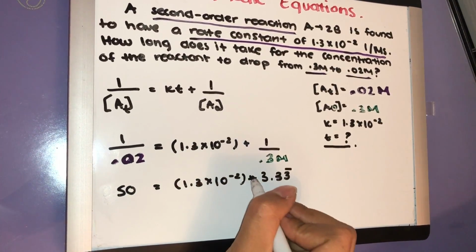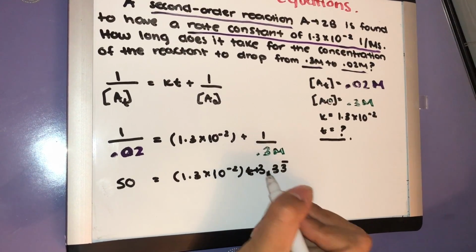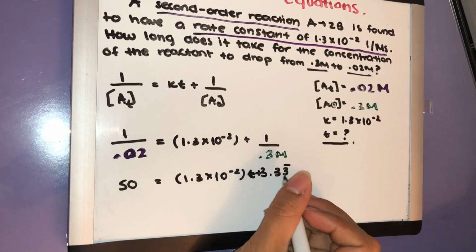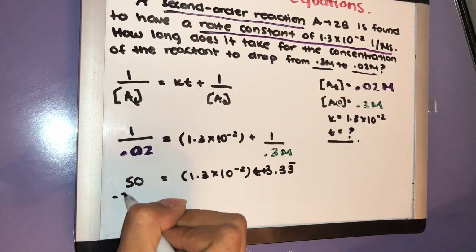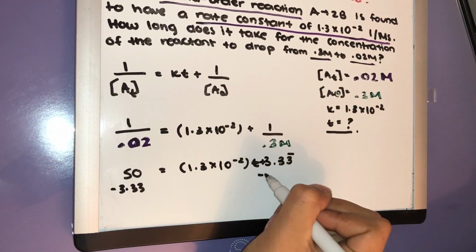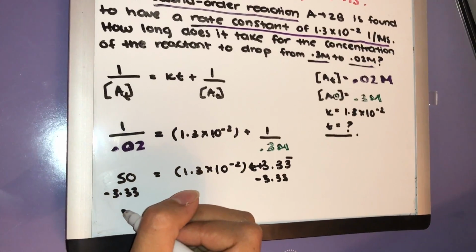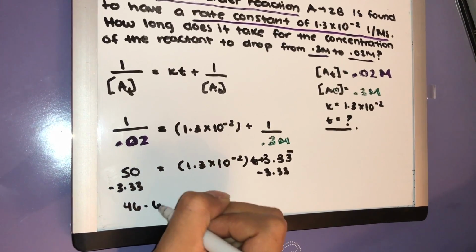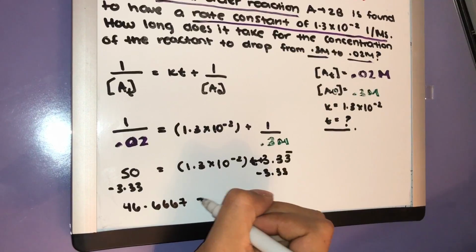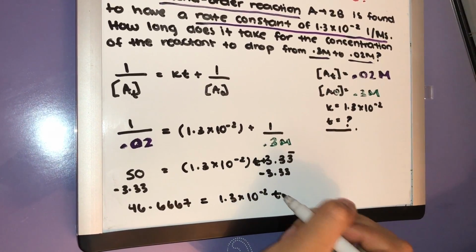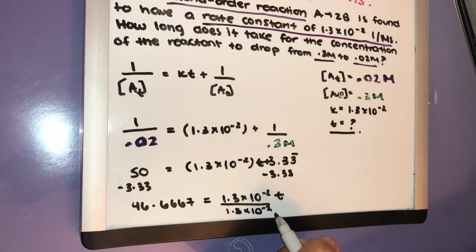And now we would solve for t. The first thing we can do is subtract 3.33 from 50 in order to isolate t. So that would come out to 46.666. Now we can divide by k.